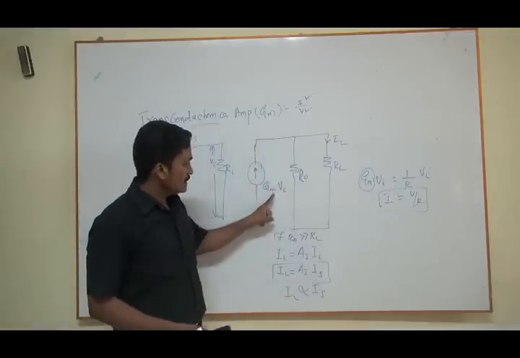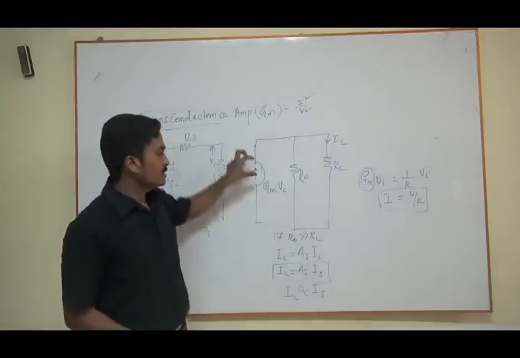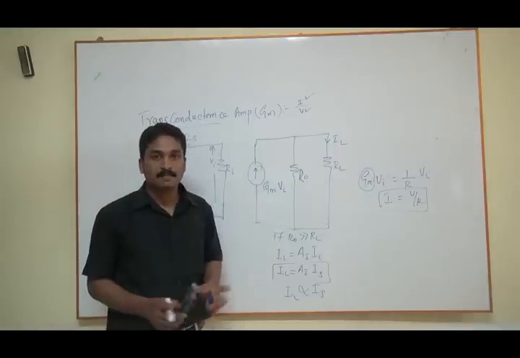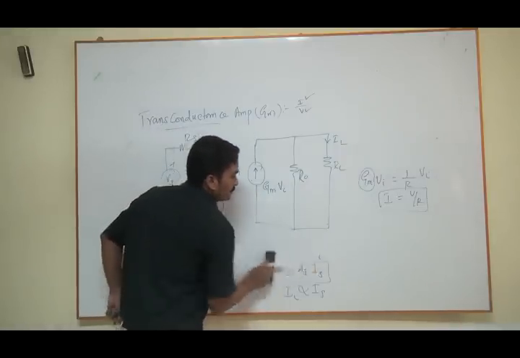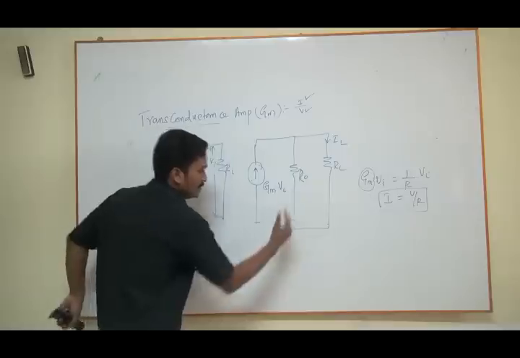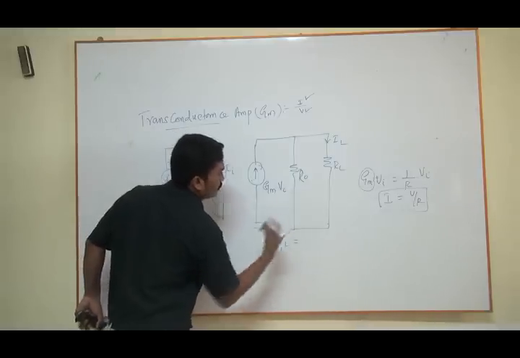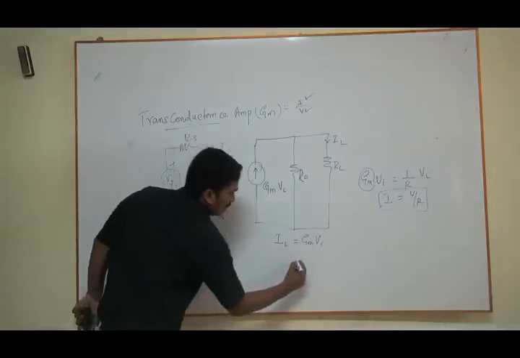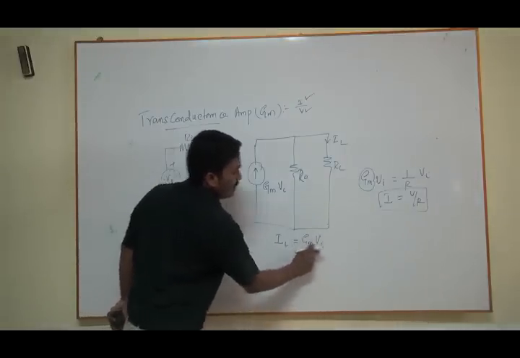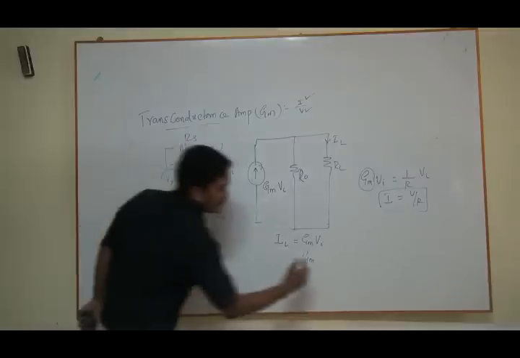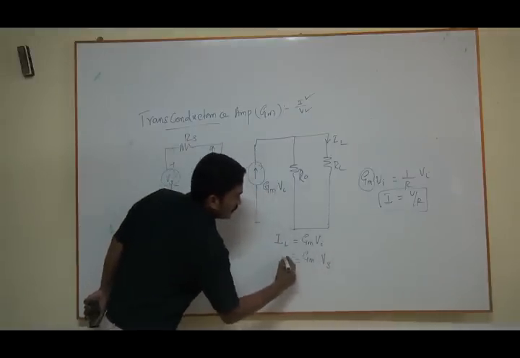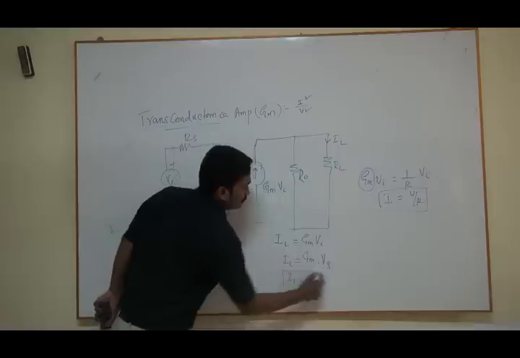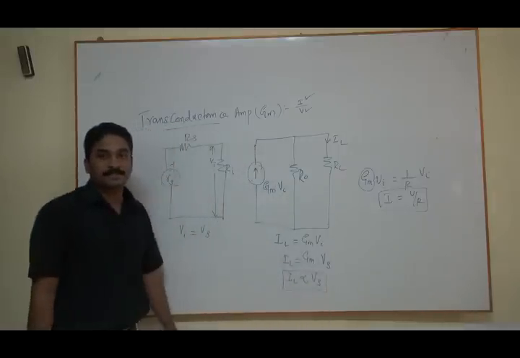So if I mention Gm into Vi, it represents a current source for the transconductance amplifier. Clear? So now what will happen? Your IL is equal to Gm Vi, and Vi is now equal to Vs. So IL depends on the input voltage.